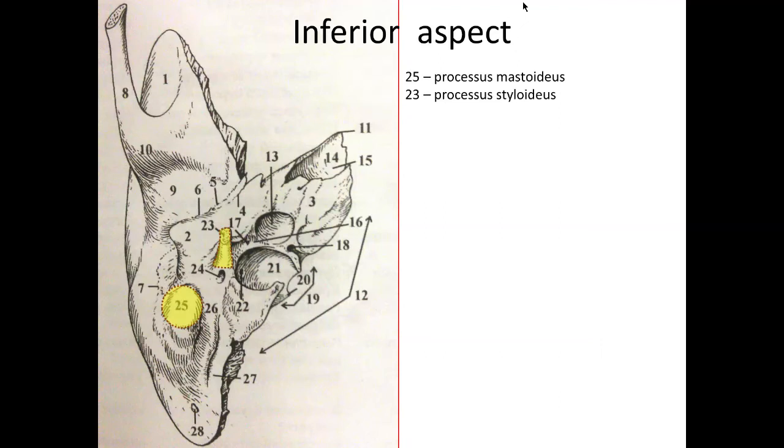It is seen that processus styloidus was cut, so it isn't quite long. Between processus mastoidus 25 and processus styloidus 23, we can find number 24, foramen stylomastoideum.